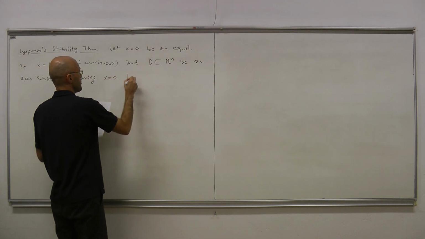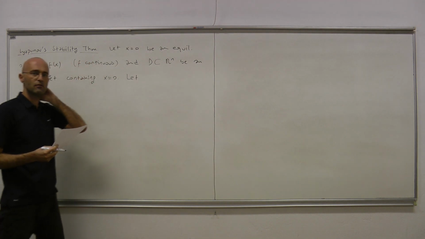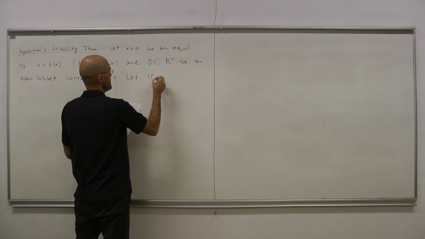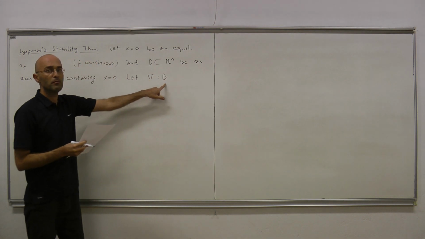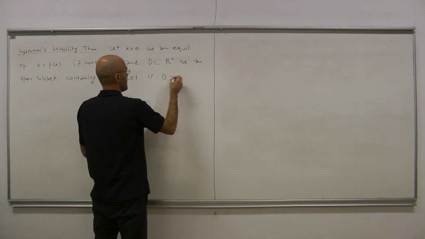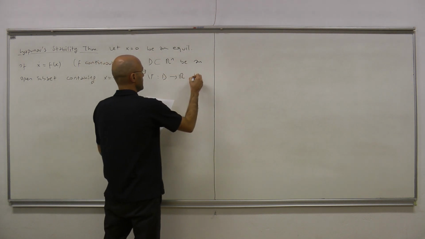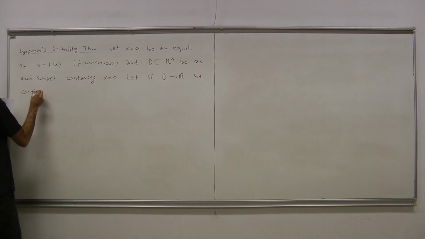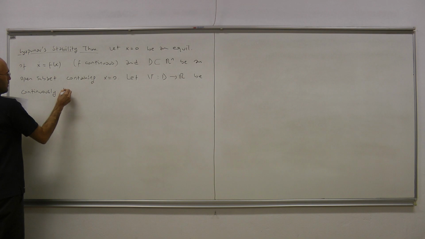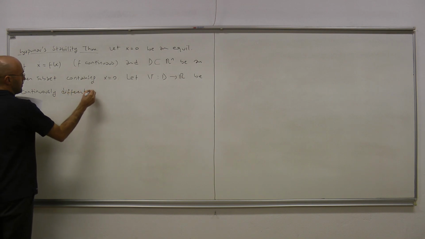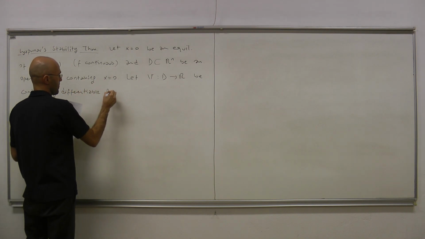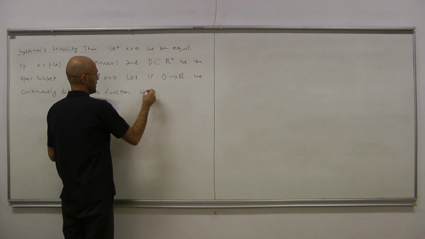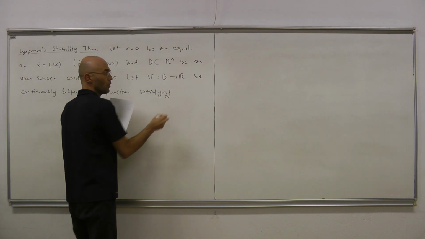Okay. Then suppose that we constructed, or we are given, the following function that's defined on D. Let V that maps points from this subset to the real line be a continuously differentiable function satisfying the following conditions.